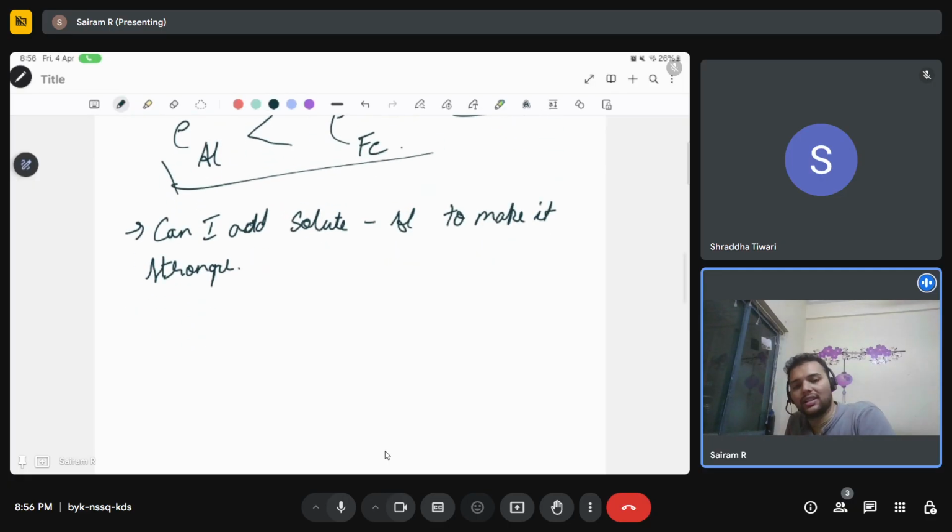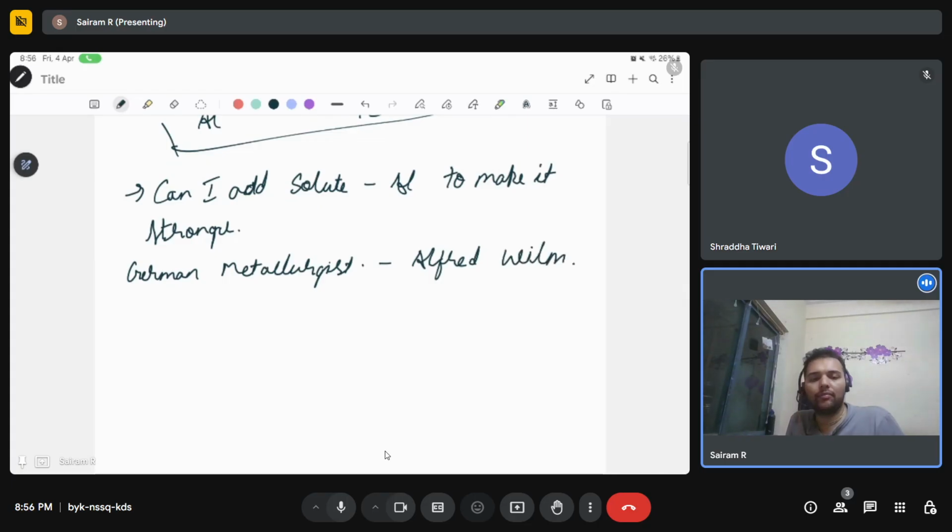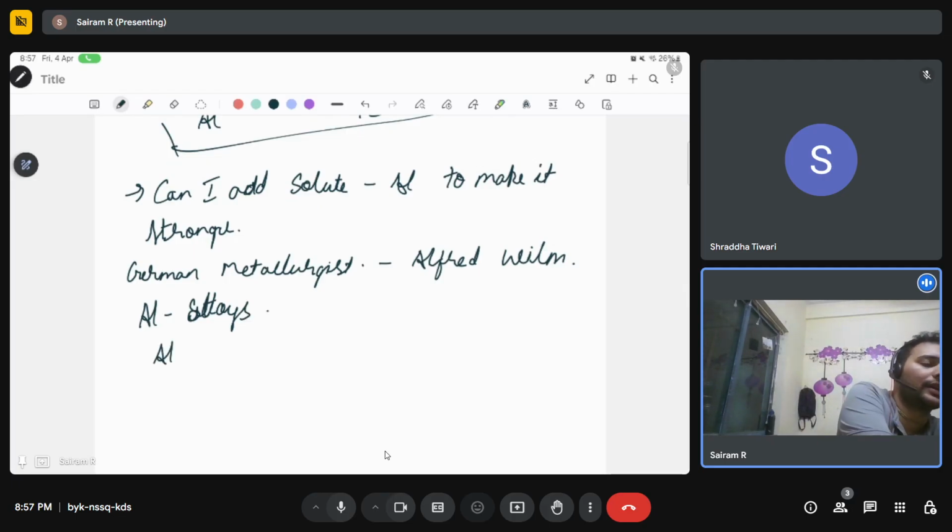So during this discussion, we have a very important scientist, a German metallurgist, Alfred Wilm, who dedicates his time and research towards strengthened aluminum alloys.